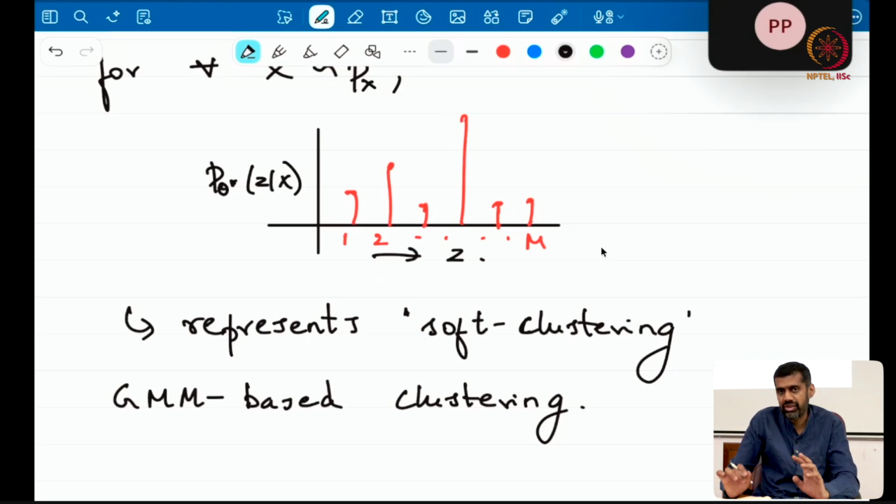That is called GMM clustering. So, what do you do with this information? You cluster data. As I said, you can use this distribution itself as a feature and then solve a downstream task. When I say downstream task, it means that, let us say, you have labels associated with it.